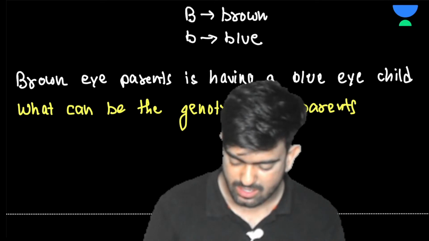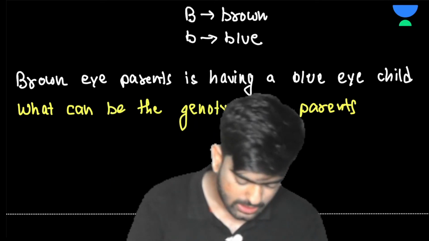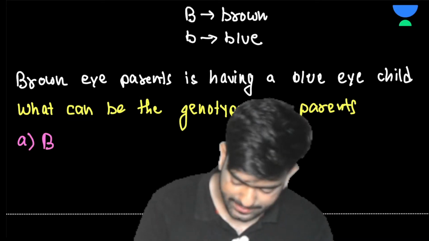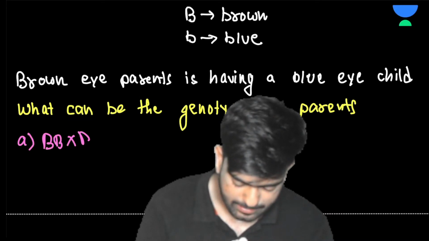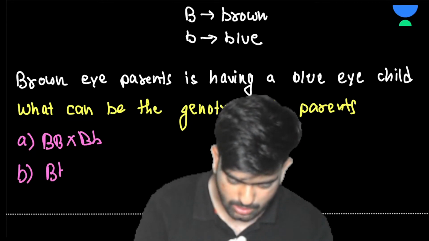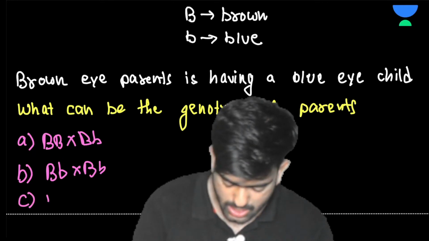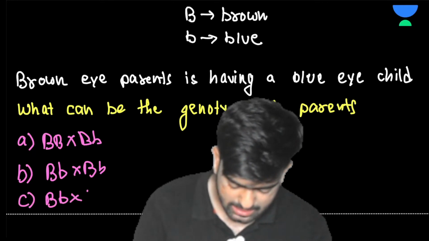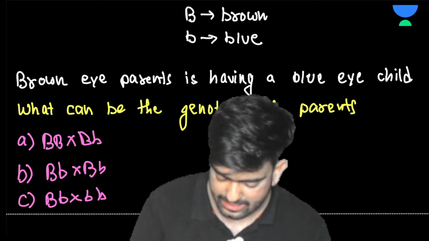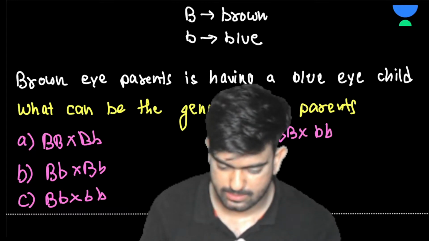Definitely, sir. NEET also gives options, so you have to give options too. Okay, I'll give. We have capital B capital B, then capital B small b and capital B small b, then capital B small b and small b small b, and then capital B and small b.